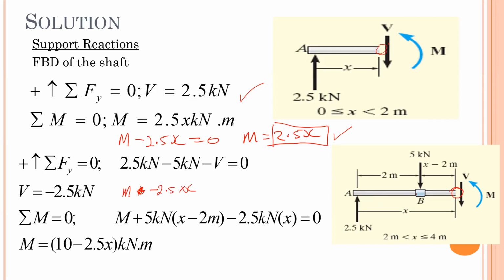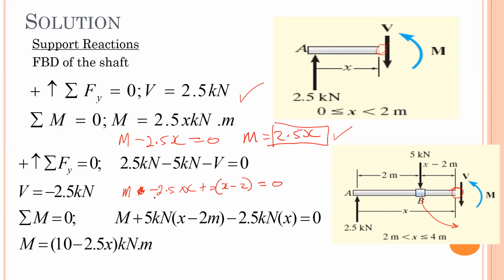But this other force is coming down in this direction also. What is the distance from where you cut? It is x minus 2. So it's going to be plus 5 times (x minus 2) equal to 0.